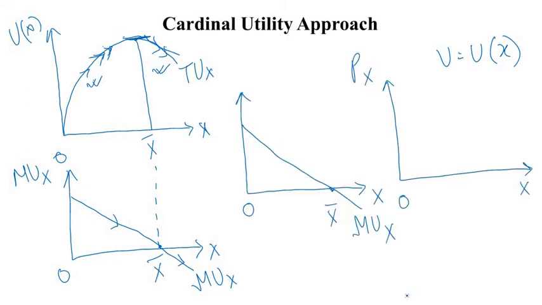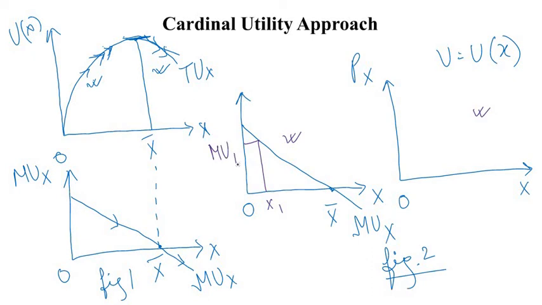Now, in this figure 2, this was figure 1, suppose. Here we will see how from the marginal utility curve we can actually derive the demand curve for X. So suppose the consumer is consuming X1 amount of the commodity and the marginal utility of the commodity is MU1.